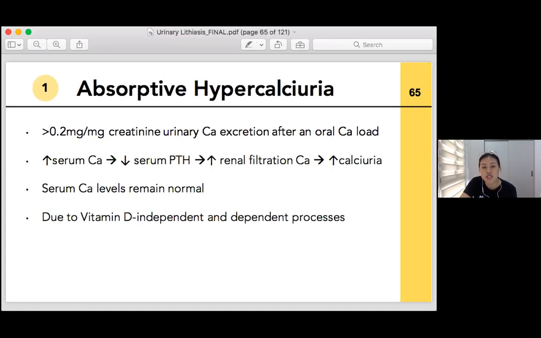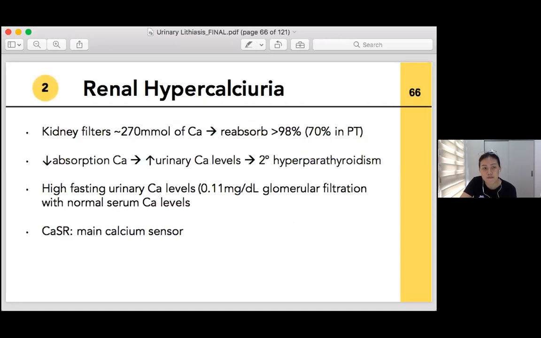Despite this increase in intestinal absorption, it is matched by increased renal calcium excretion, and therefore serum calcium levels would remain normal. This is caused by both vitamin D independent and dependent processes.